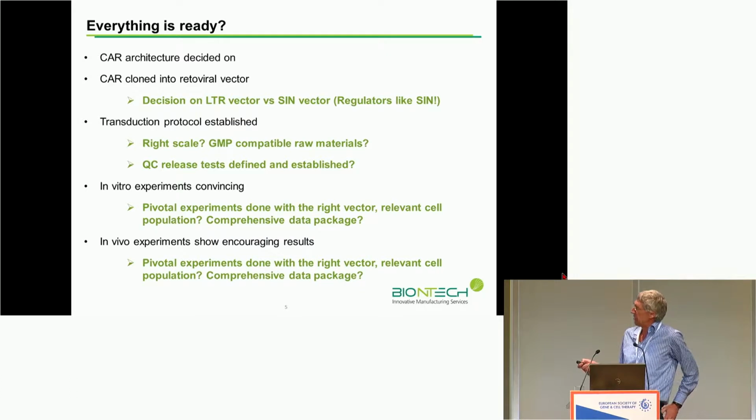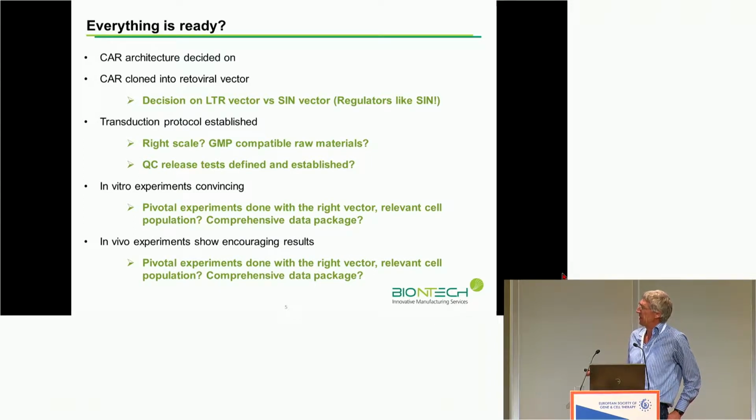Then you think your transduction protocol is established, but is it at the right scale? Can you really manage the target cell doses that your clinical protocol would need? And do you have GMP-compatible raw materials in your process? This might not be the case, but you will need this in clinical translation.